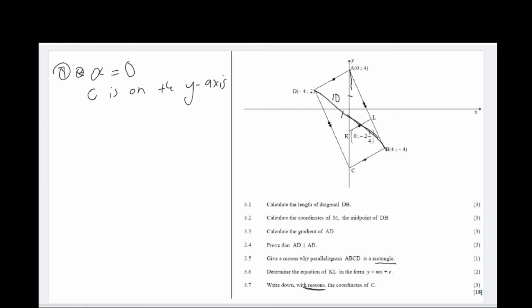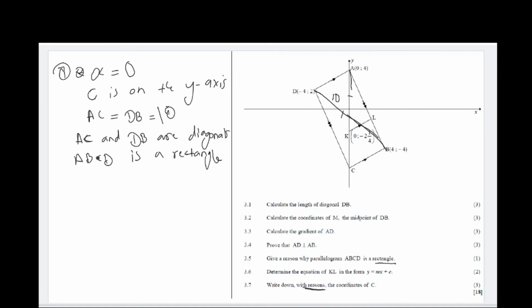So AC is equal to DB, which is equal to 10. The reason in this case will be that AC and DB are diagonals, because we know that ABCD is a rectangle.